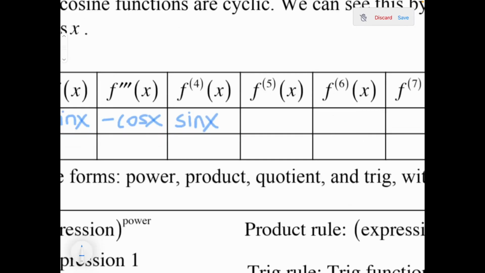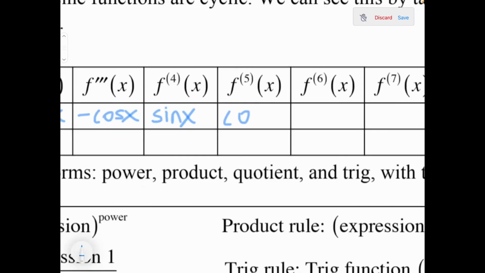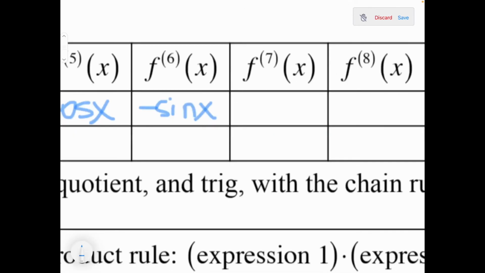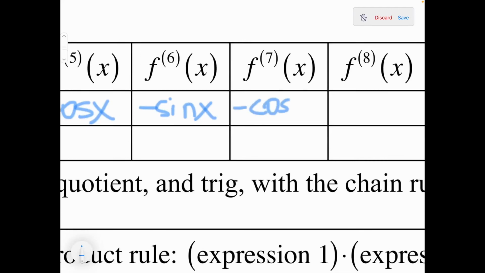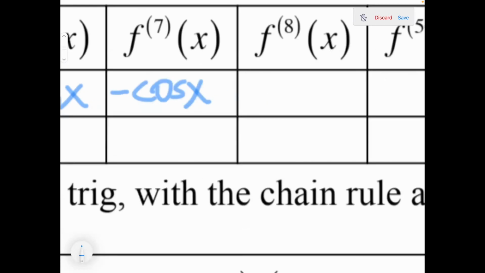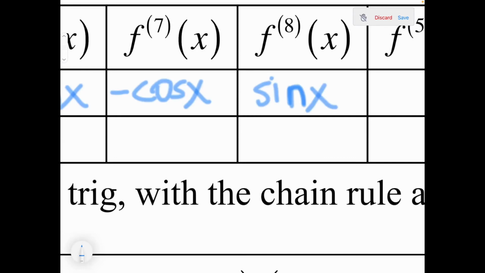So the derivative of sine x is cosine x, the derivative of cosine x is negative sine x, and the derivative of negative sine x is negative cosine x, because the derivative of sine is cosine and the sine is negative. The derivative of cosine is negative sine, but with two negatives we end up with a positive sine x.